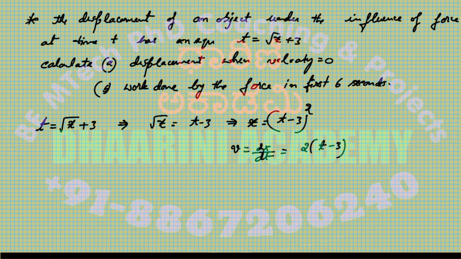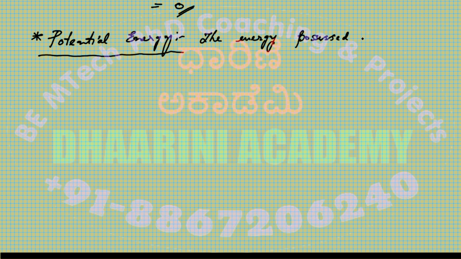The amount of energy possessed by a body due to its position is called the potential energy, PE.